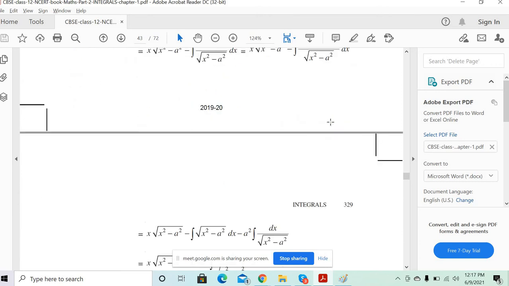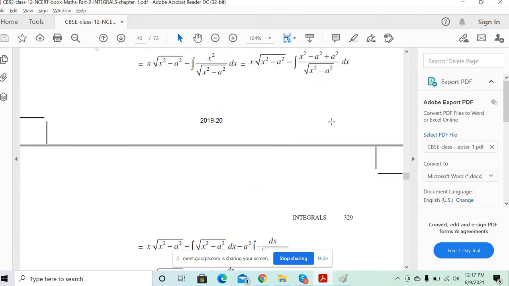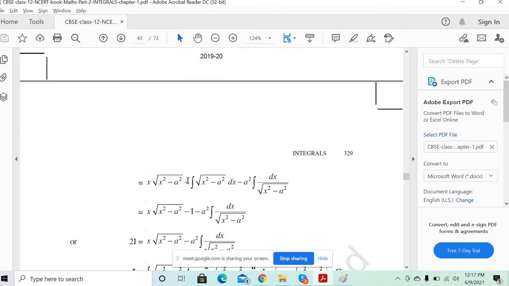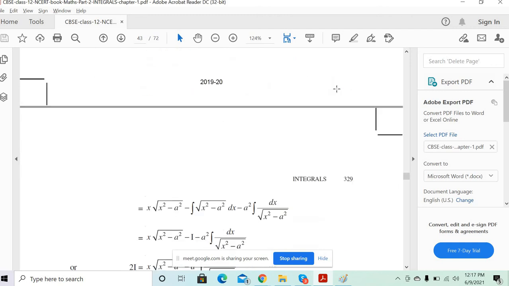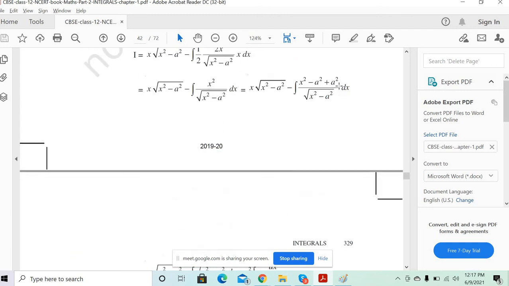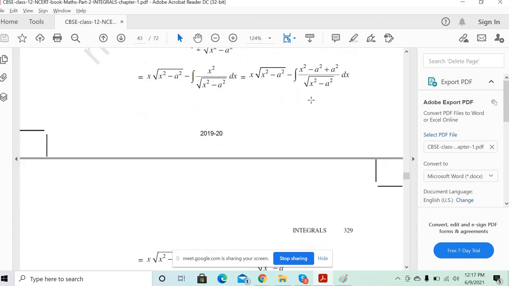Once you get it, then you'll again get the I value. Integration of x square minus a square, like this you'll get when you integrate this part. Try it out. Again we need to do the integration by parts here.